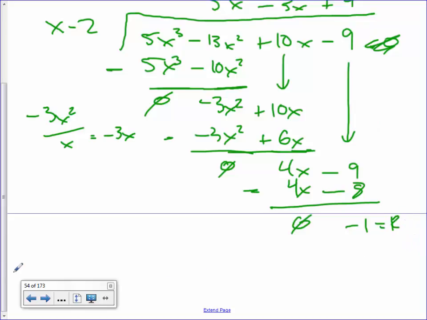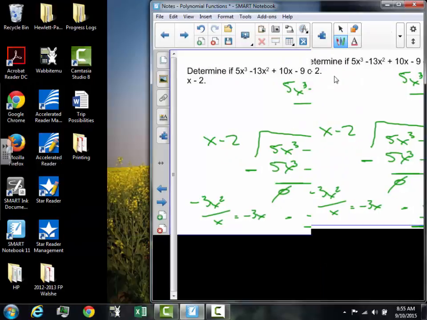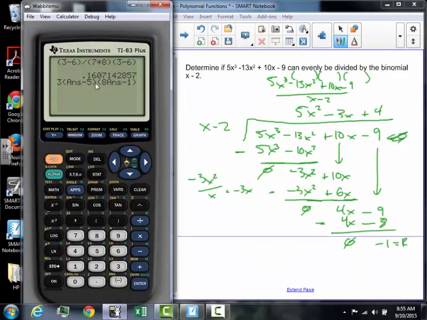So if I were to graph this now and kind of prove my point, go to y equals. I'm going to put a bracket around the whole first part. So I'll go 5x to the power of 3 minus 13x squared plus 10x minus 9.